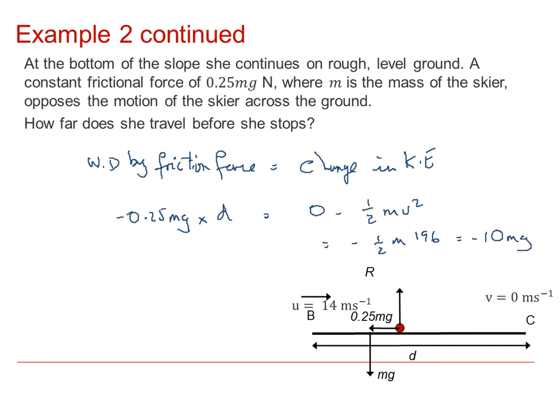You could look back at the first part of the question to see that it was negative 10 mg when we calculated the kinetic energy. Therefore, d is equal to 10 over 0.25, which is 40 meters.